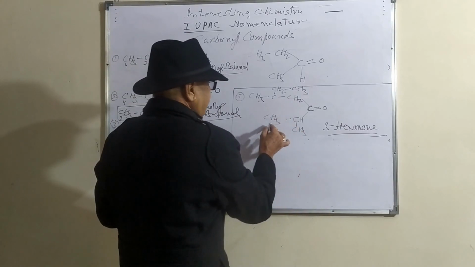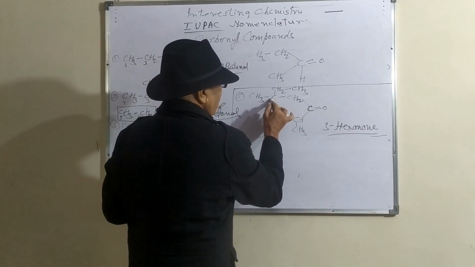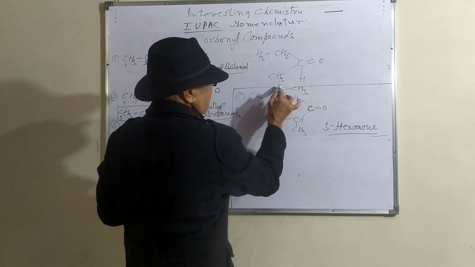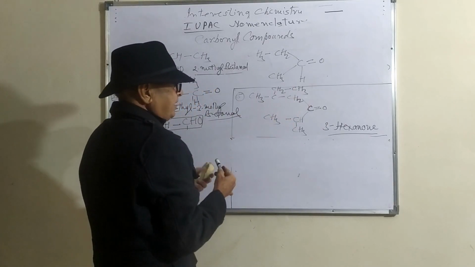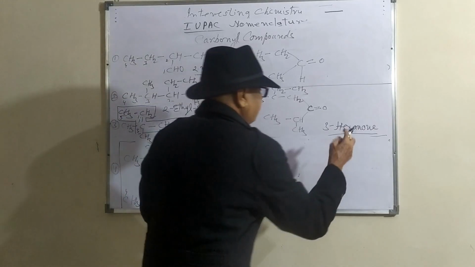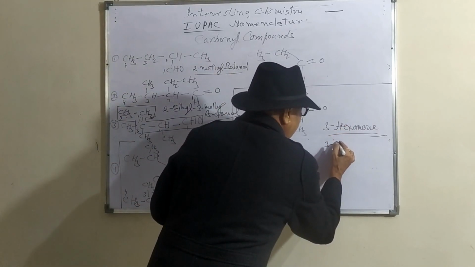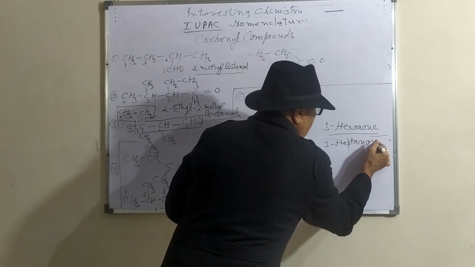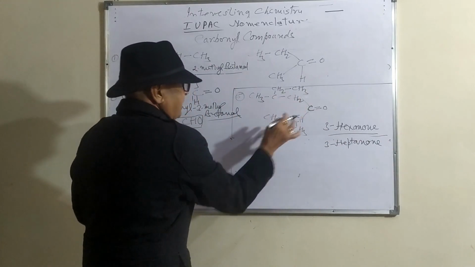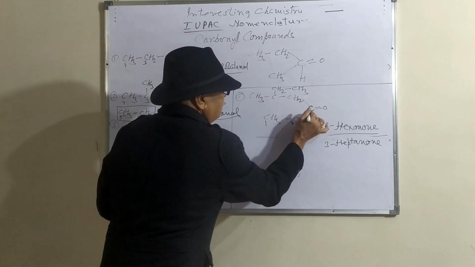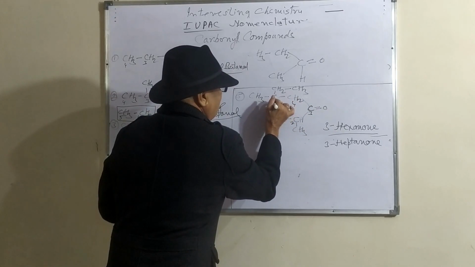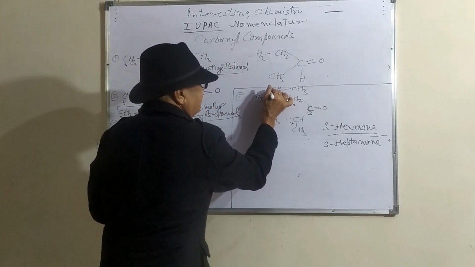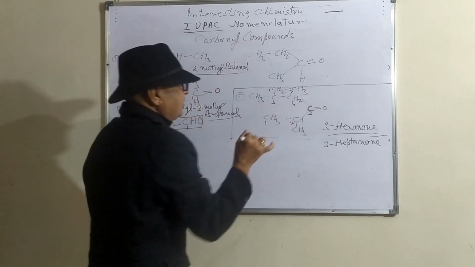Here 1, 2, 3, 4, 5, and if you go to this side, 6 and 7. So here it is not 3-hexanone, it is 3-heptanone.